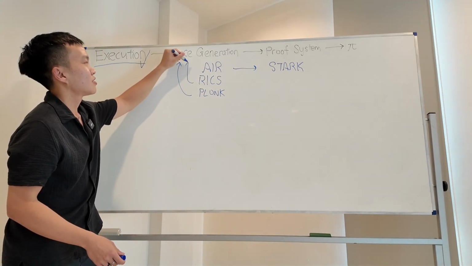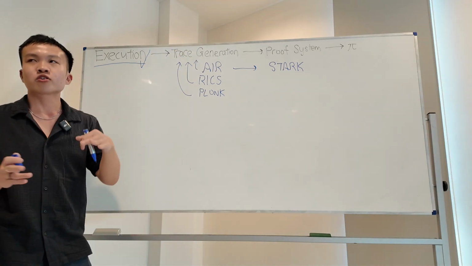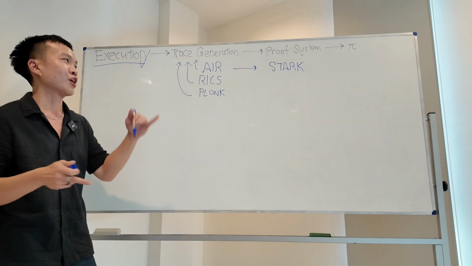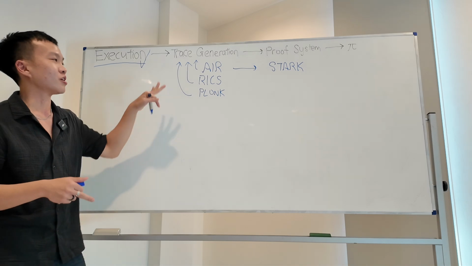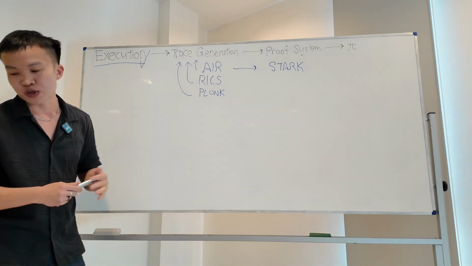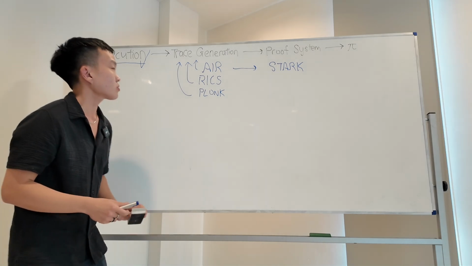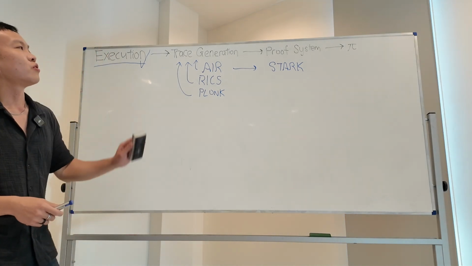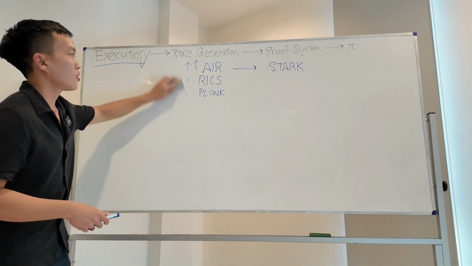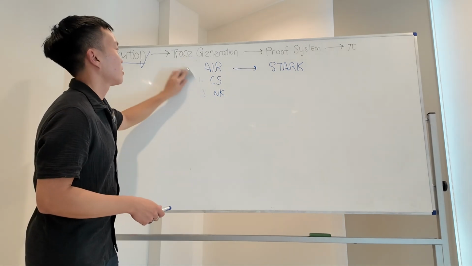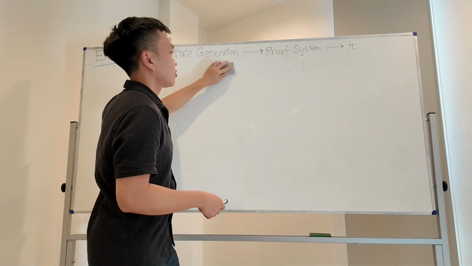I'm going to talk about things from the point of view of AIR because that's where I know best. I'm not too sure about the other ways of doing things. In order to get a proof out of the proof system, you need to generate a trace that conforms to the proof system. And in AIR, what we have is a uniform table.